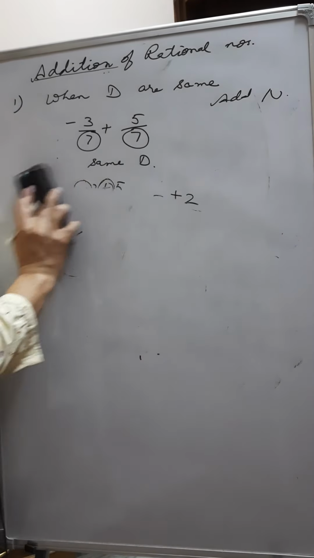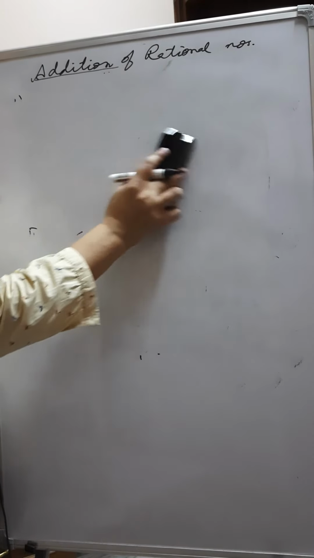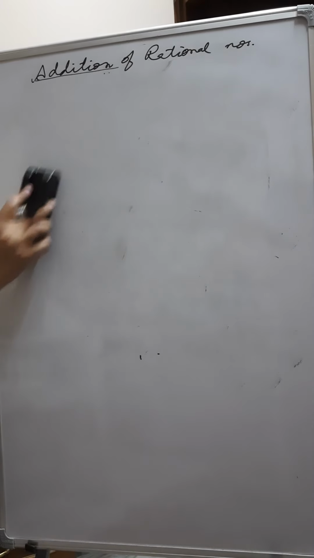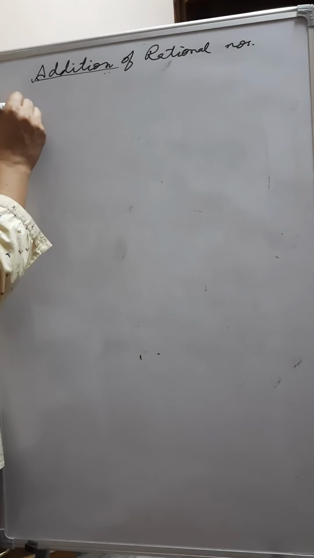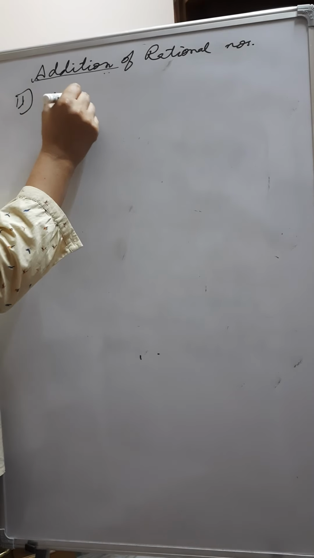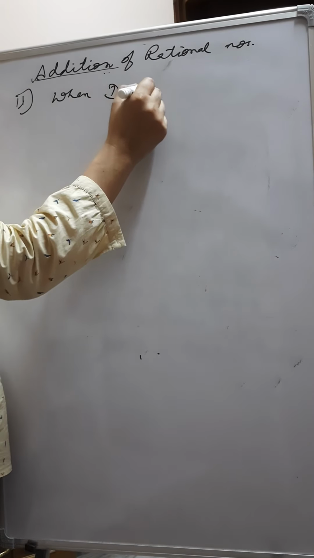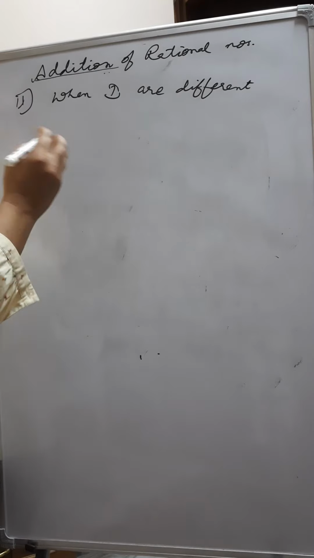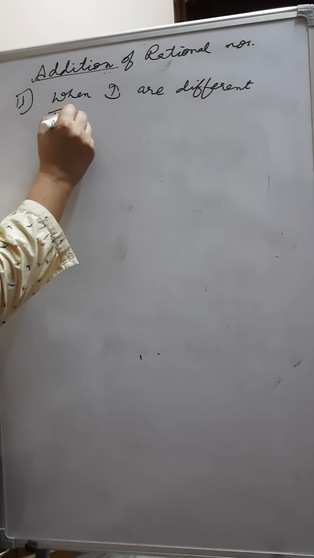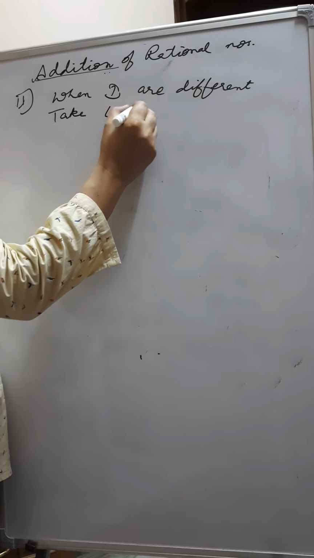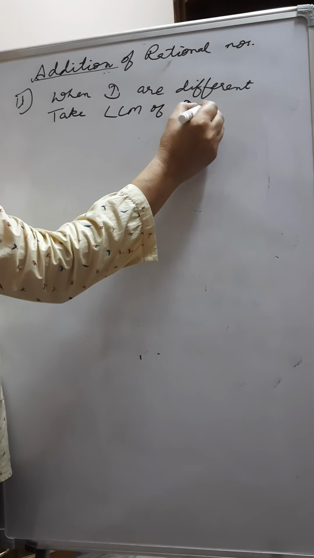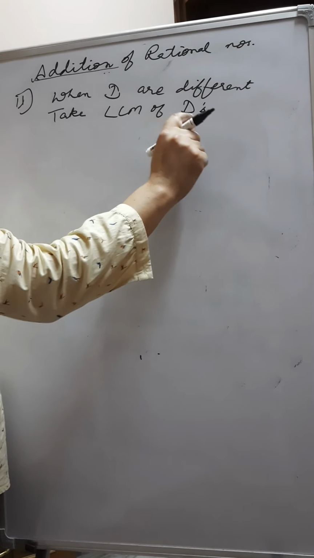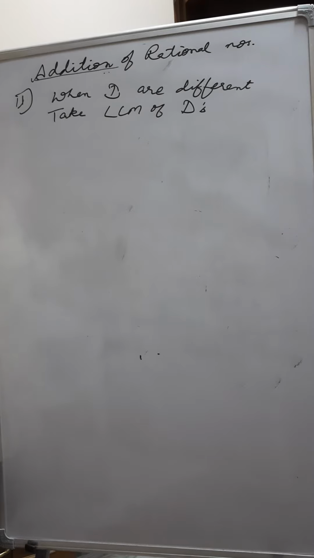And the second type is when the denominators are not the same. Then what will you do? The second type is when the denominators are different. When the denominators are different, take the LCM of the denominators.